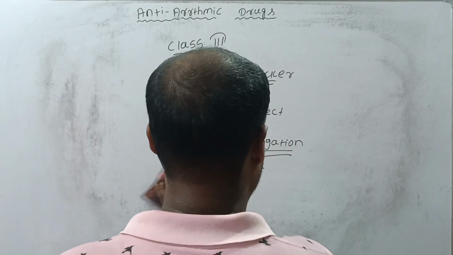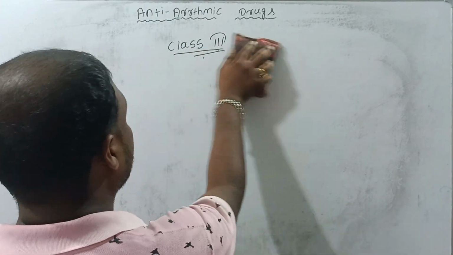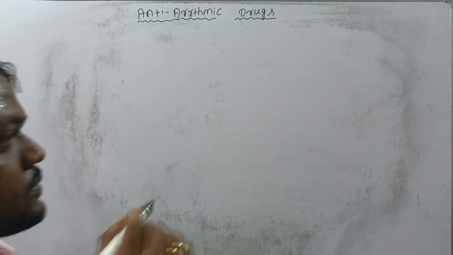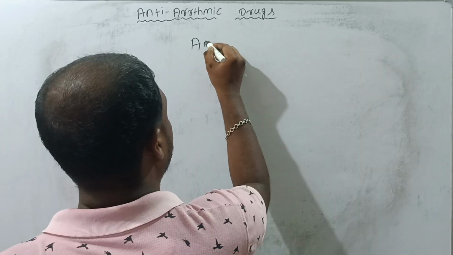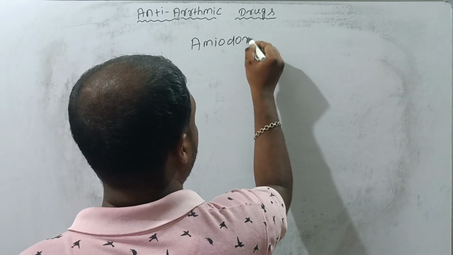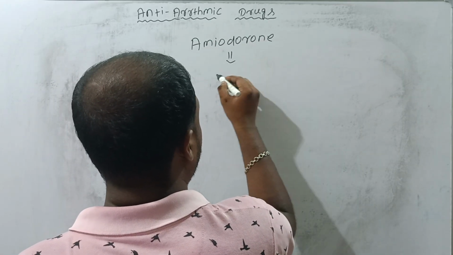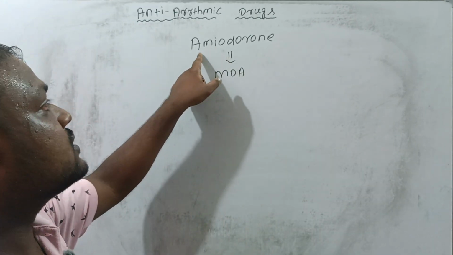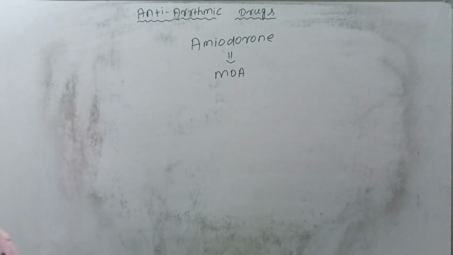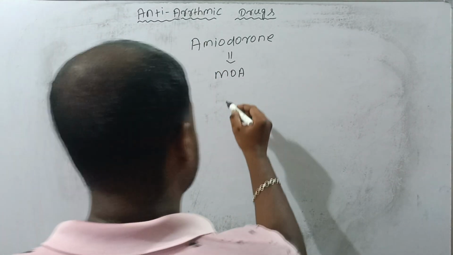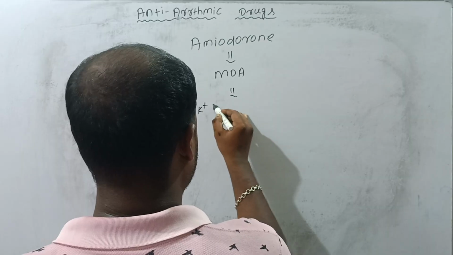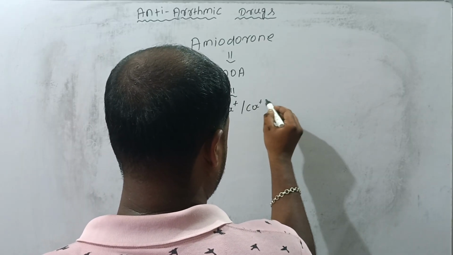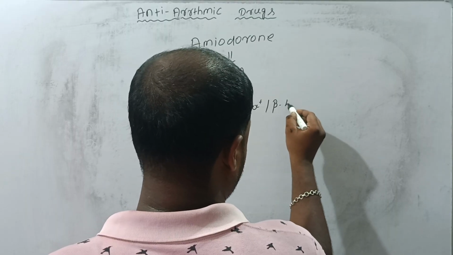Then, what is the mechanism of action of amiodarone? MOA means mechanism of action. The mechanism of action of amiodarone is K plus, Na, Ca and beta blocker.